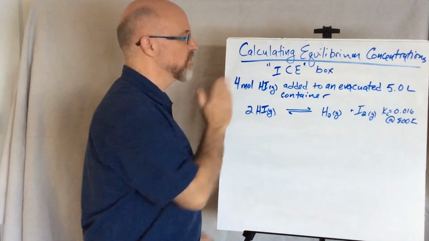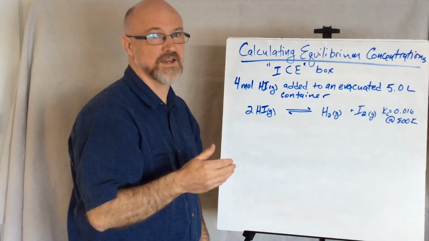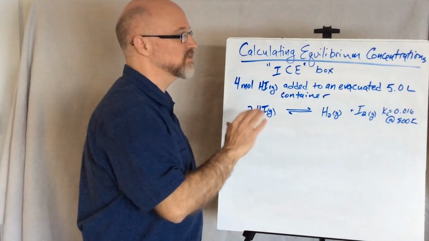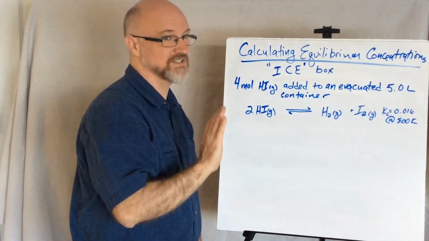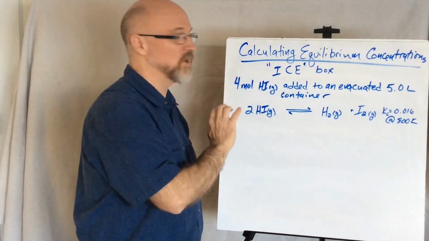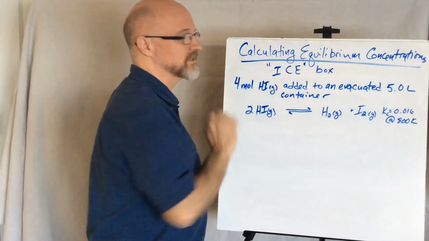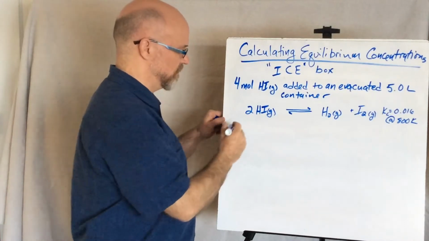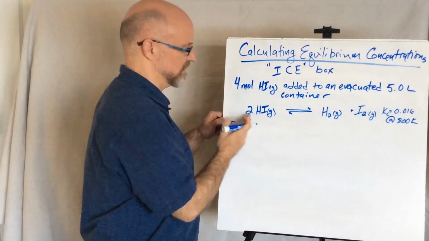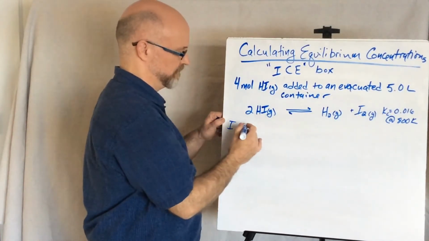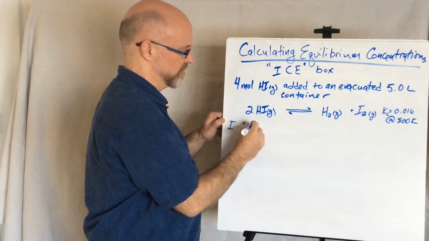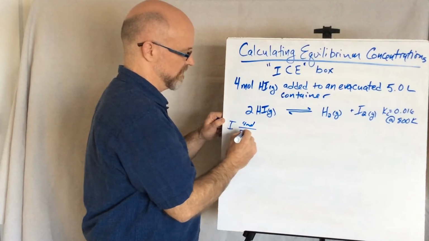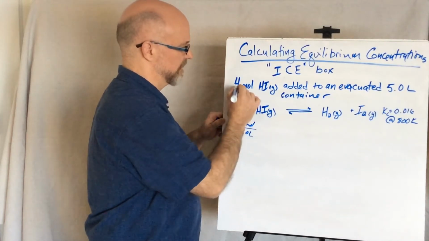If we started with 4 moles of hydrogen iodide and put that into a container that has been completely evacuated, so it's a vacuum and there's nothing else in it, and it's a 5-liter container, what's the initial situation? Here's our equation. The initial situation is we have 4 moles in 5 liters.